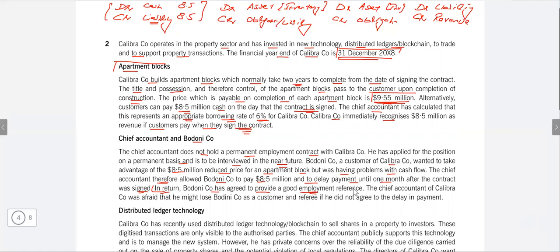The chief accountant of Calibra company was afraid that he might lose Bodani company as a customer and referee if he did not agree to delay the payment. So that means he is giving an unusual favor. This compromises the fundamental principle of integrity, that is to be honest and straightforward.